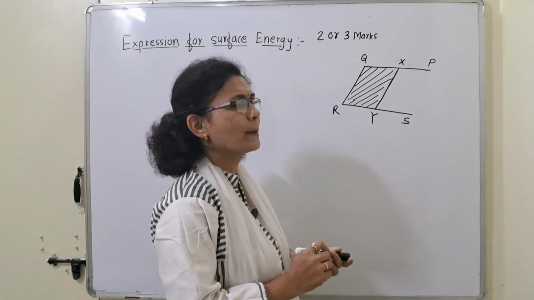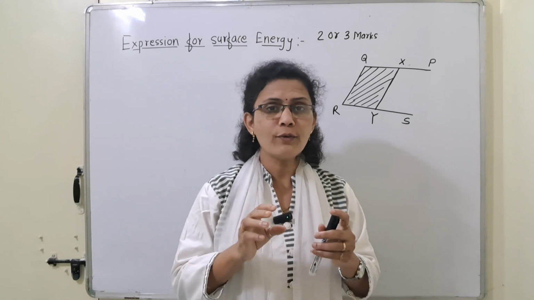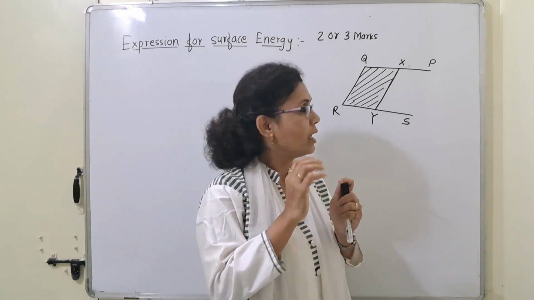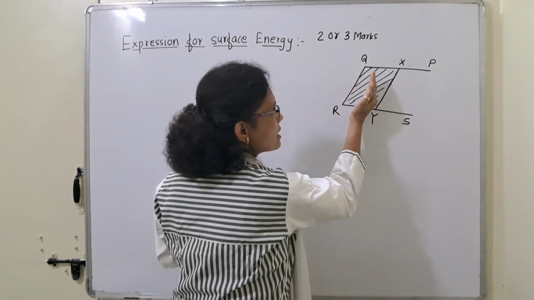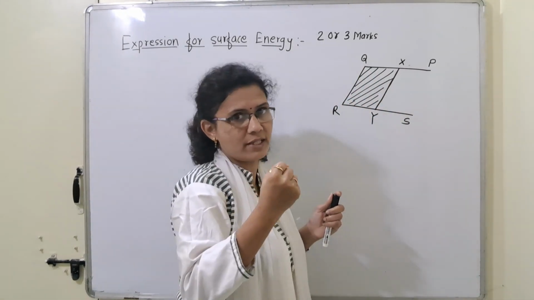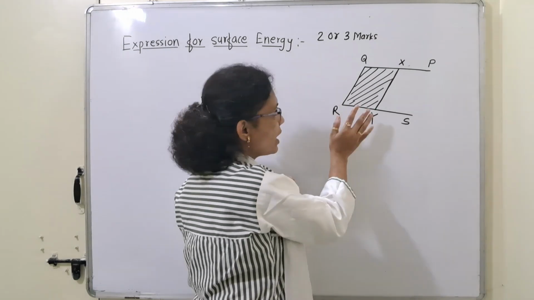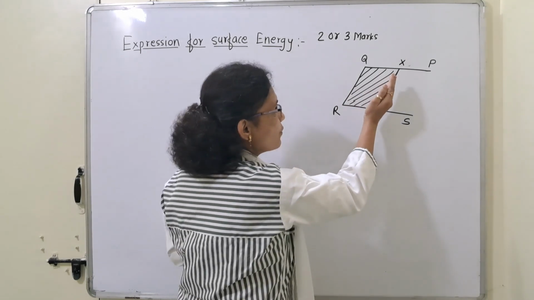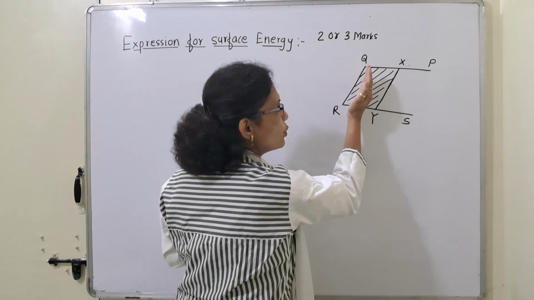Now we know that surface tension is the property due to which every fluid or liquid tries to acquire minimum surface area. Due to that, this flexible arm will move towards this left side. Means it will try to acquire minimum surface area. See, this area XQRY is initially here. But when this film gets formed, this XY arm will move towards left.